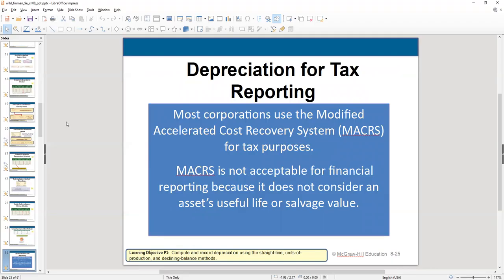As you can see, when you're doing taxes, you're using a system called MACRS, Modified Accelerated Cost Recovery System. It's pronounced MACRS. And it's not acceptable for financial reporting because it doesn't really consider salvage value.